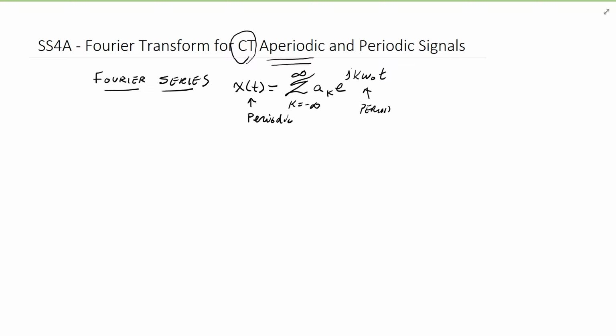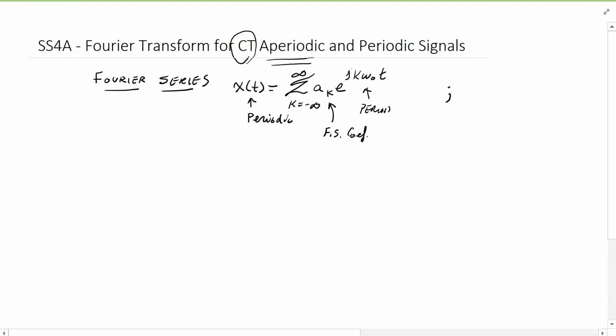Once again, this equation only works if you assume that the signal is periodic. And then of course there was a companion equation that went with this. If I have the Fourier series coefficients, then I can use them to find x of t.